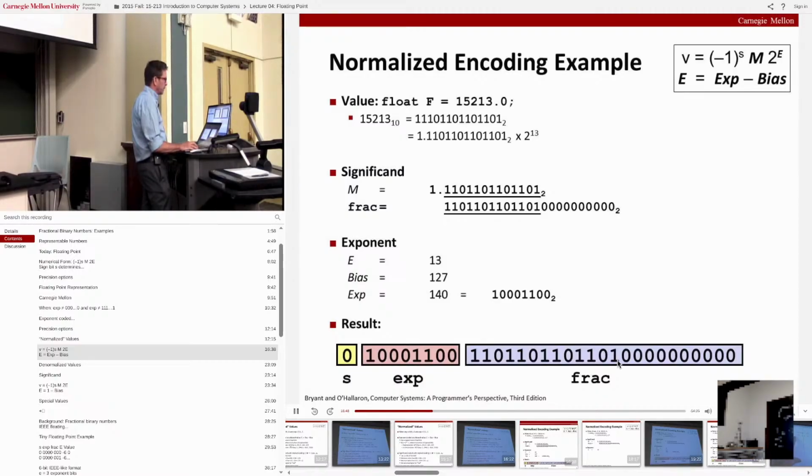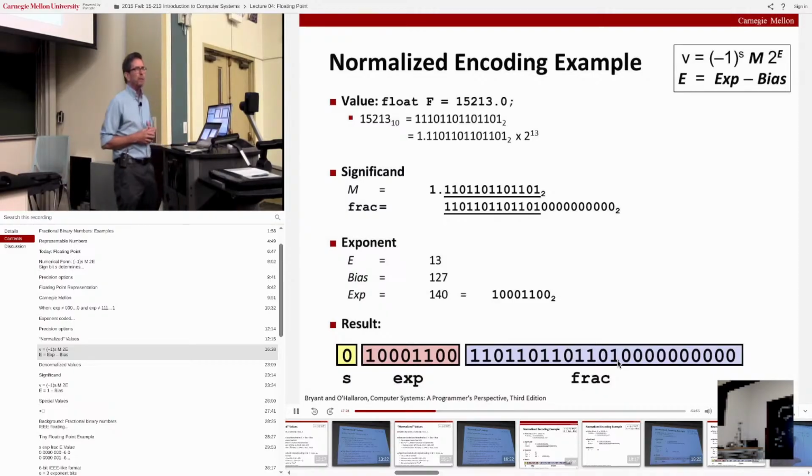So let's look at an example. Let's look at how we would encode 15213, which is our favorite number, in floating point. If we represent it as an integer using these bits, take my word for it, they correspond to the integer 15213. Now we want to normalize it by expressing it as 1.110 and so on times 2 to the 13th.